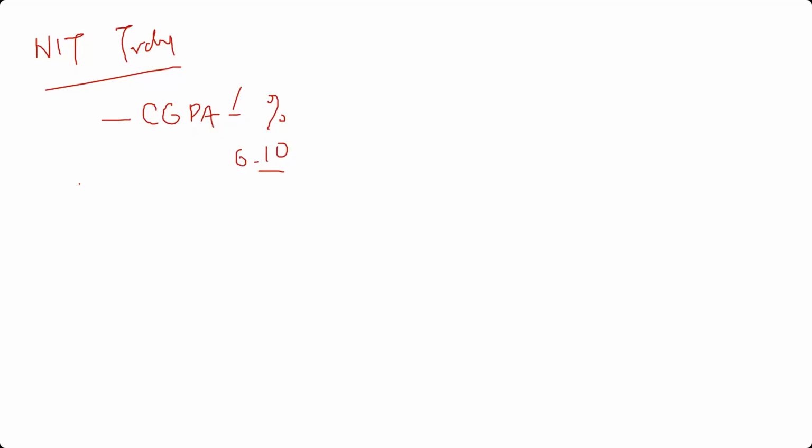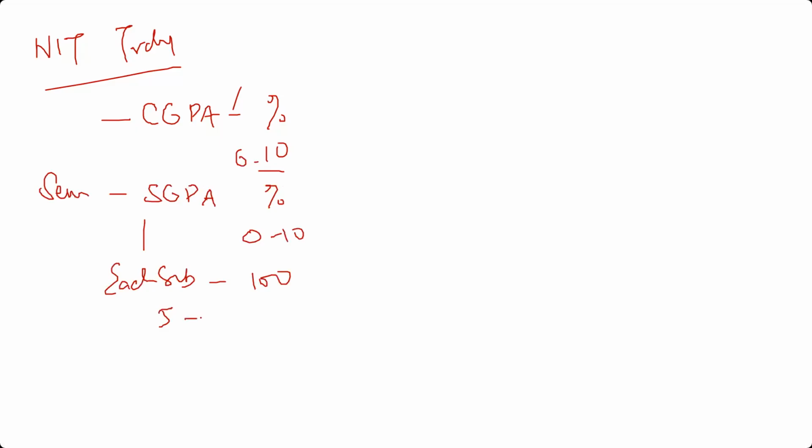Okay, if you want to judge yourself every semester, you will have SGPA, semester grade point. This can be in percentage or between 0 to 10. You will be judged in each subject, okay, in either a scale of 100 or 50. So imagine you have 5 subjects per semester, your total score will be judged out of 500.